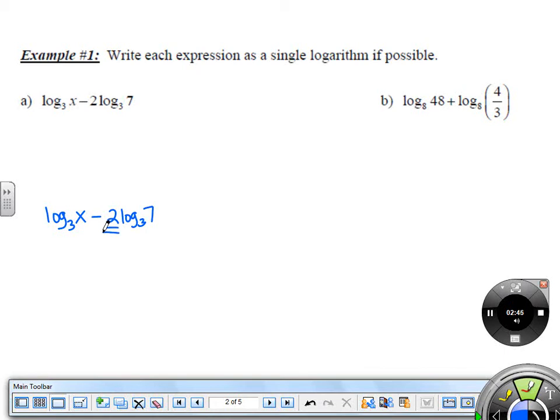It's important that I acknowledge that there's a 2 here, so I might want to rewrite that part first and understand that that's 7 squared because of our power property. And because these two logarithms are being subtracted from each other, when I combine them together, these two values will be put in a quotient. So my final answer here would be log base 3 of x over 49.